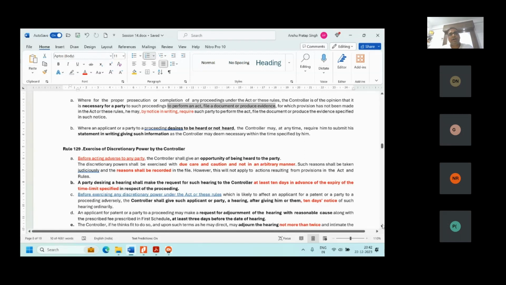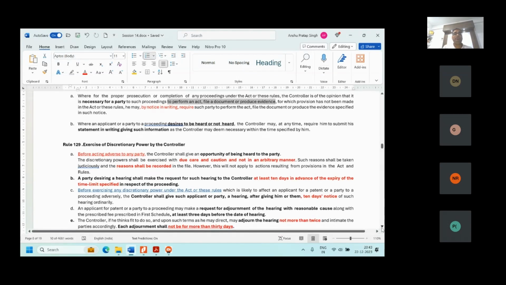Audi is hear, alteram is other, partem is party. You have to hear the other party before deciding against it. So that's why opportunity of being heard is given. That's why you have seen that in every opposition, there is a hearing for parties given, and both the applicant and the opponent are given the opportunity to produce their evidence, and then a hearing is scheduled.